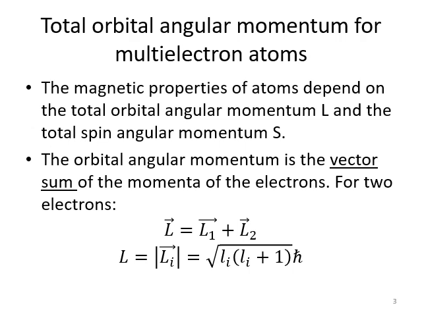So we're now going to denote the angular momentum for a group of electrons as capital L, and the spin angular momentum for a group of electrons as capital S. And the orbital angular momentum, we'll talk about that first, is the vector sum of the orbital angular momenta of each of the electrons in the system.